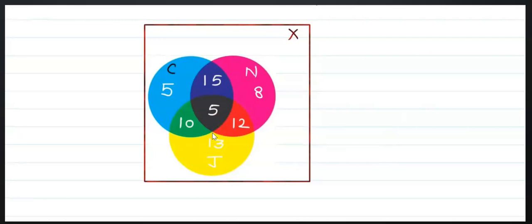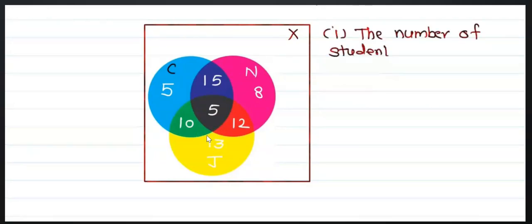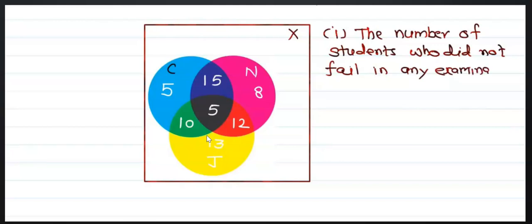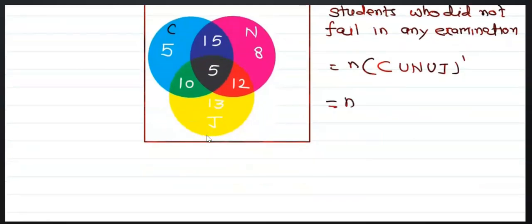Next is the number of students who did not fail in any examination, that is n of (C union N union J) complement.